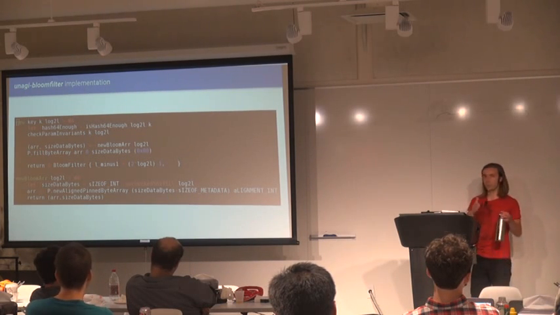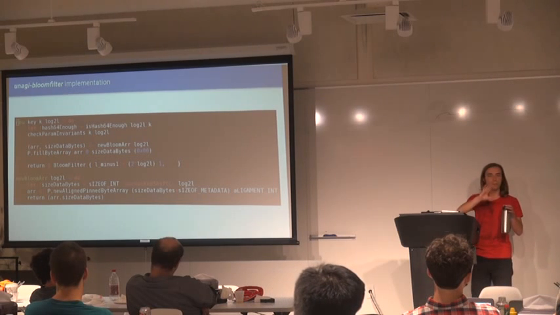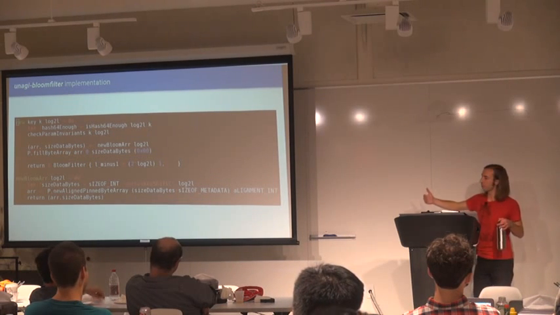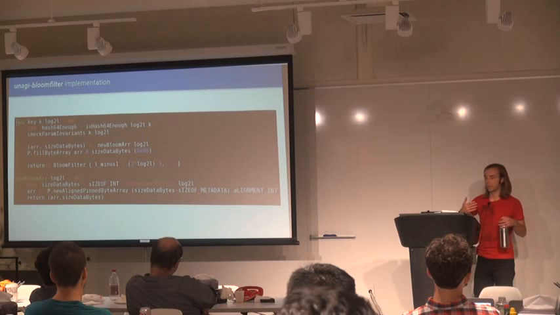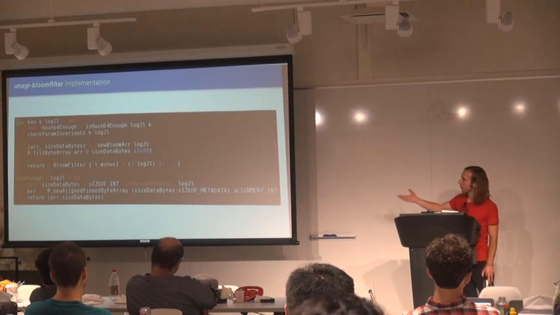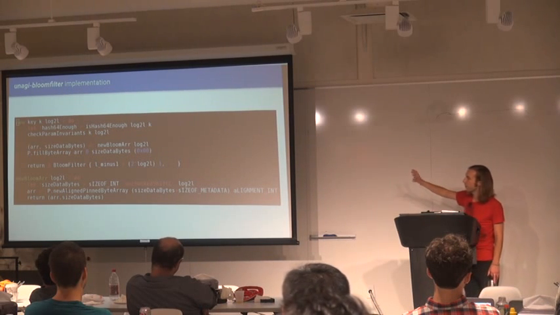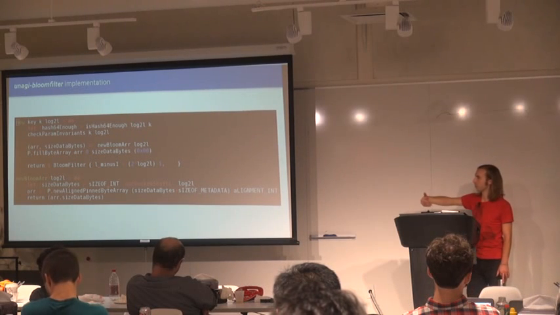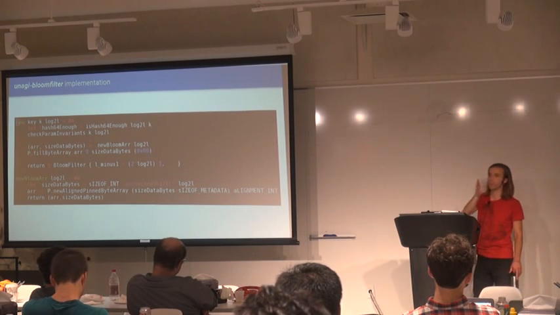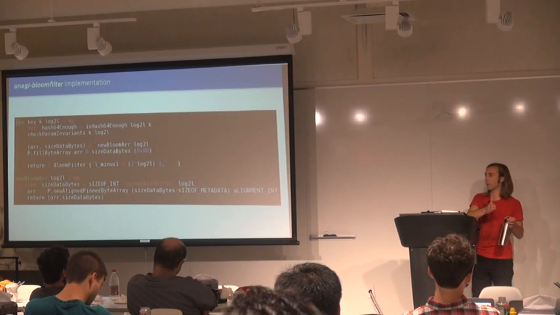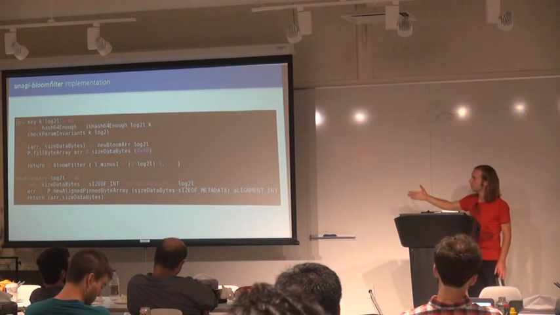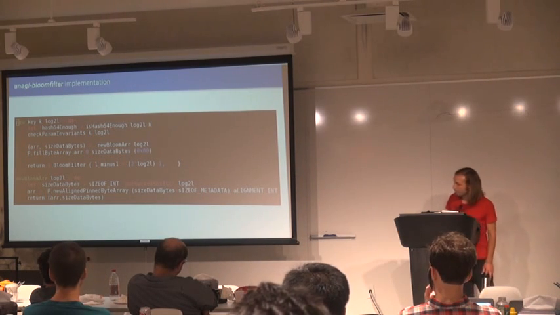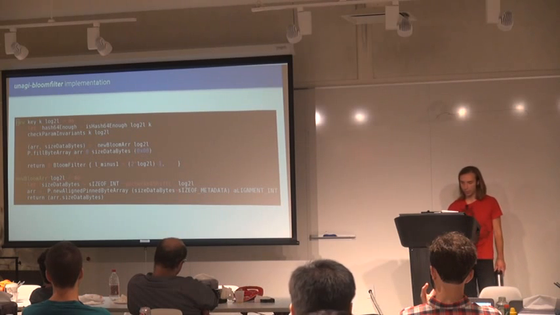When we serialize a Bloom filter, we store all the parameters we need to reconstruct it. By keeping that extra space in the array to begin with, we can create an unsafe serialize function, which is really useful in certain contexts and doesn't require another copy of this big array that we created. I think that's about it there.